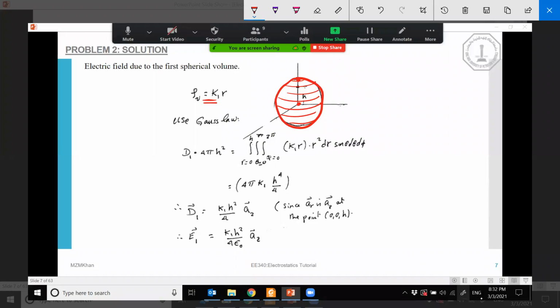So height h is nothing but the radius of the spherical volume. And how we got it?